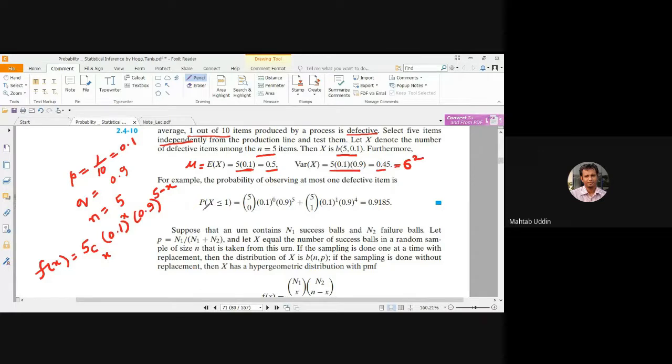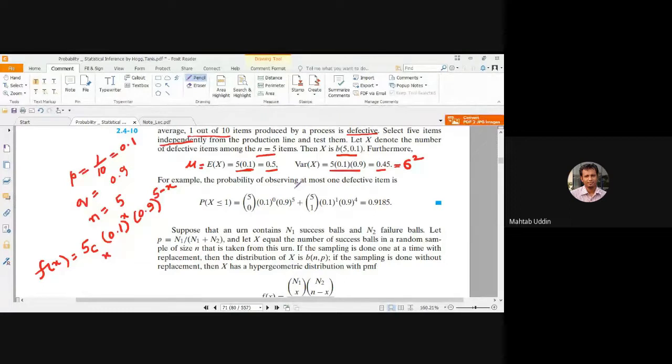Now they asked us to find, for example, the probability of observing at most one. At most one means less than or equal to 1. And what is at least 1?